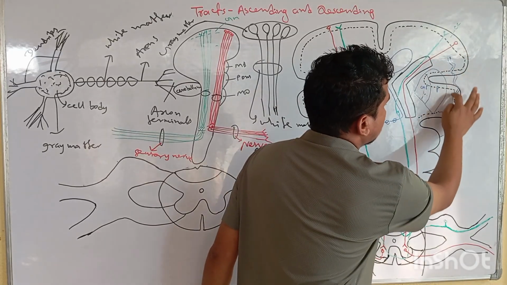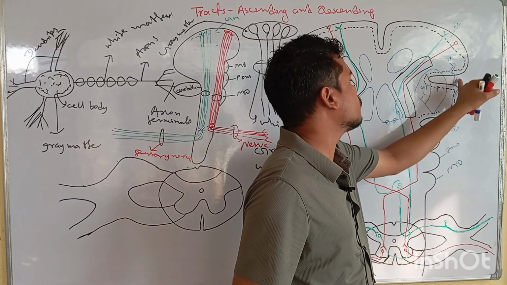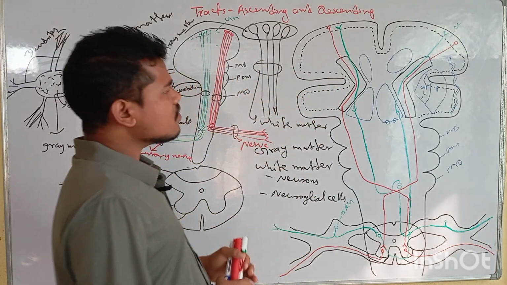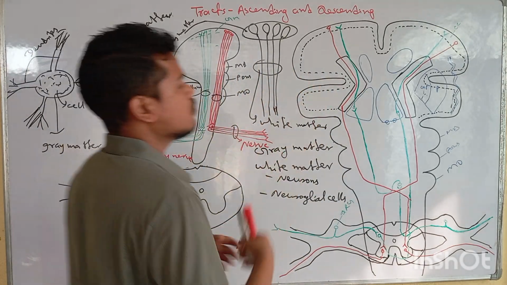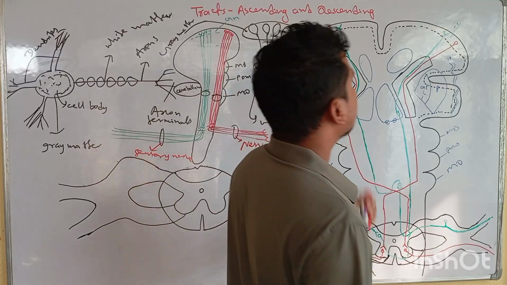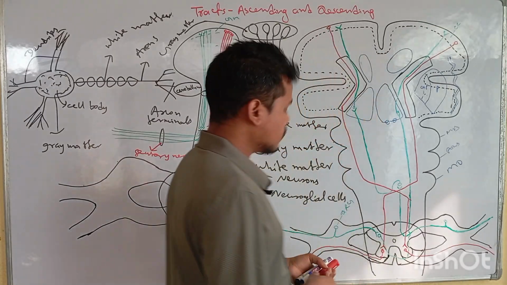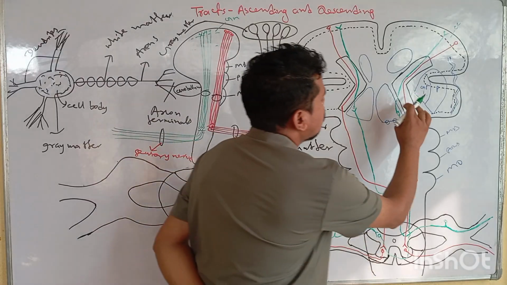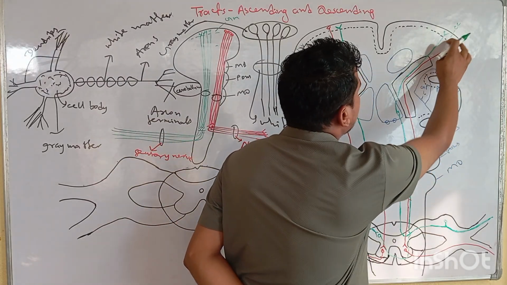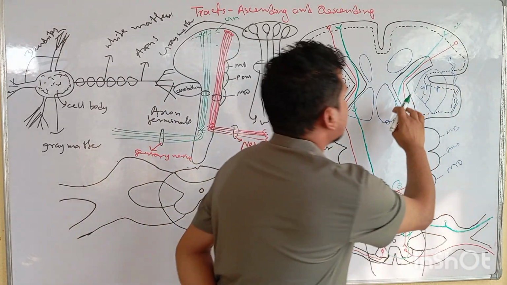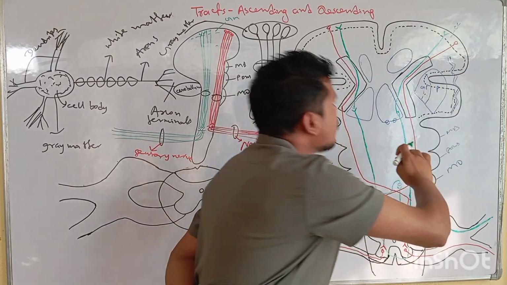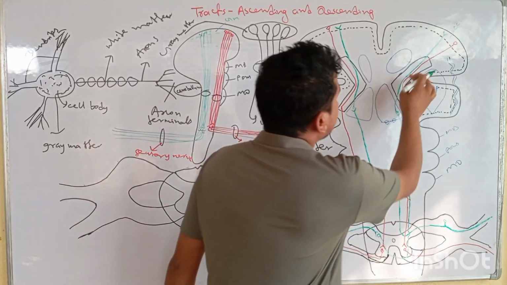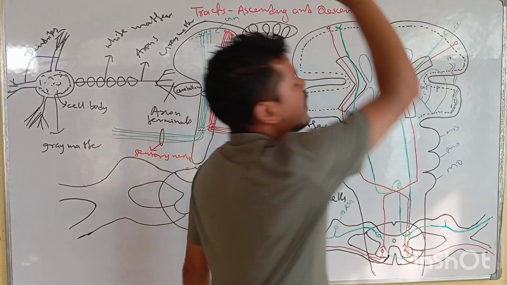This is the external capsule, and outside the external capsule there is this structure, the claustrum. The anatomical part I will talk about in detail later. Now what I am trying to show is that all the fibers that come to and go away from the cerebral cortex, the only gateway is the internal capsule.